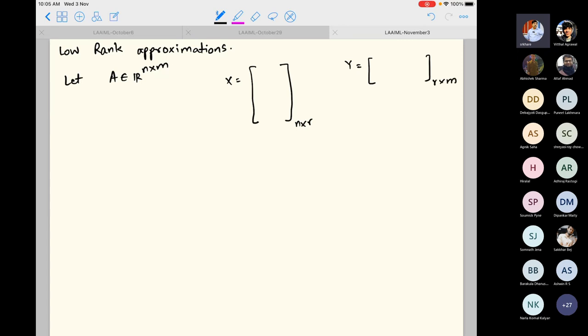These are the two matrices that I have. The entries in these matrices are unknown. I don't know the entries of these matrices. This is the setting. A is a matrix of size n by m.